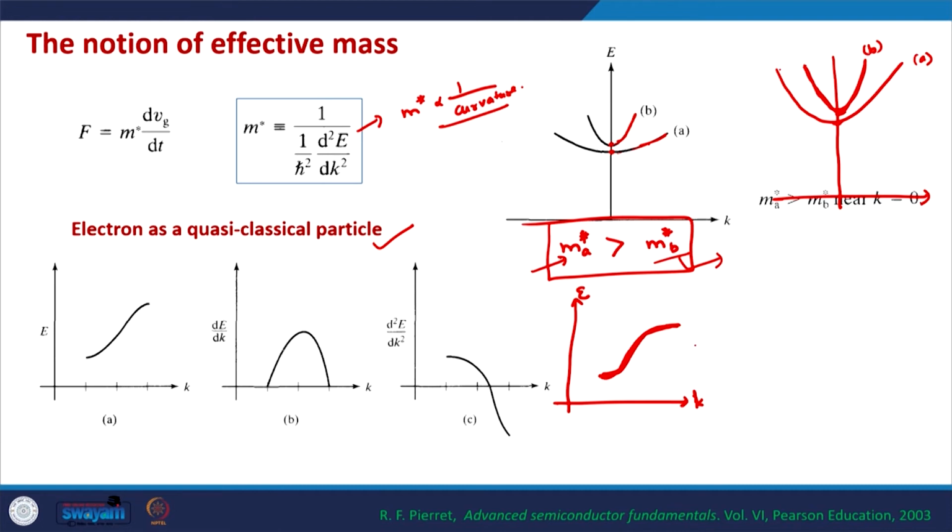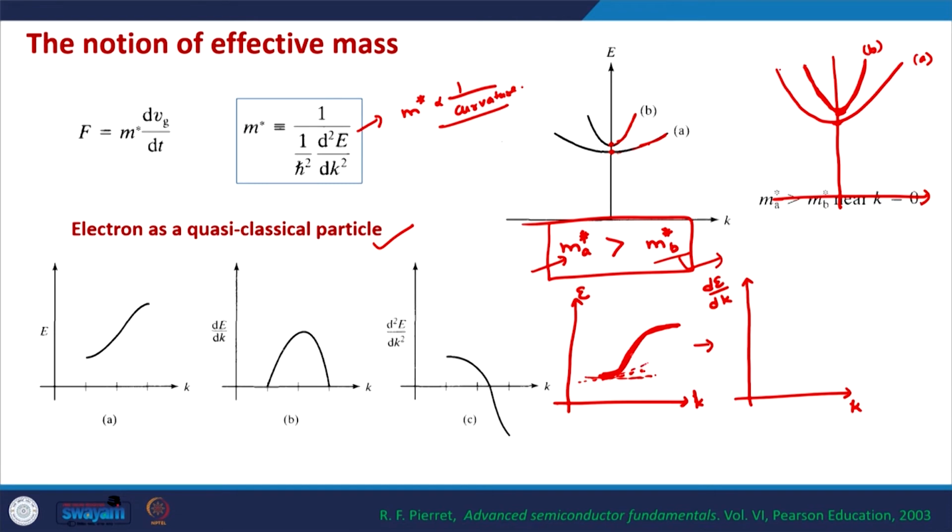So, we will see that if we differentiate E with respect to K and plot dE by dk as a function of K, the curvature, which is basically the tangent, at the bottom of the band is 0. As we start moving away from the bottom of the band, it starts increasing.